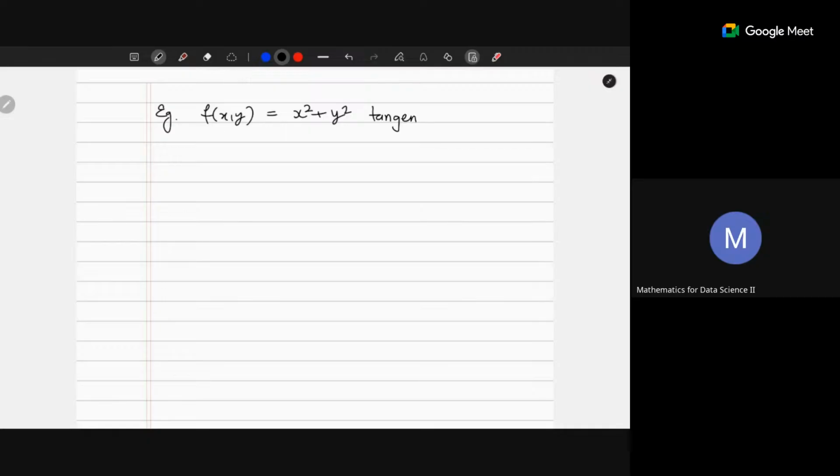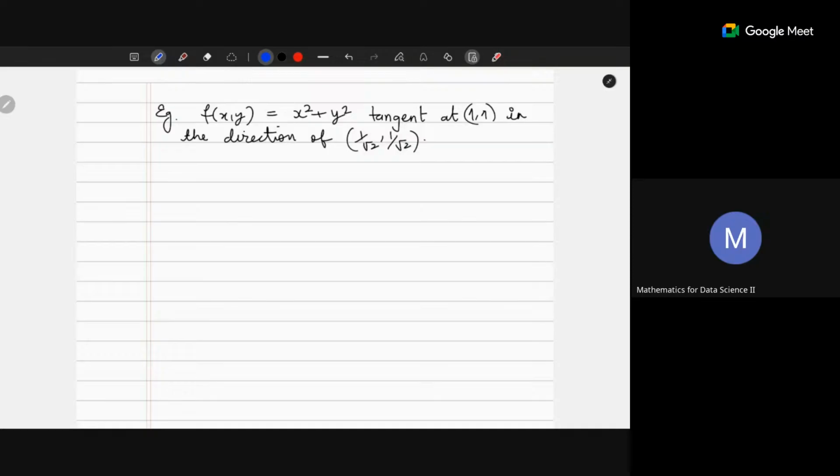Find out the line tangent at (1, 1) in the direction of (1 by square root 2, 1 by square root 2).